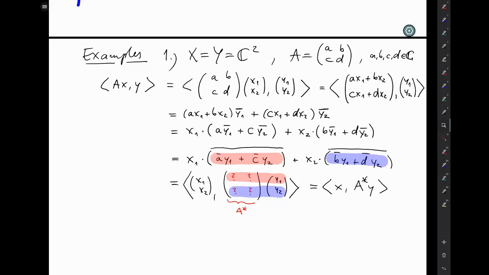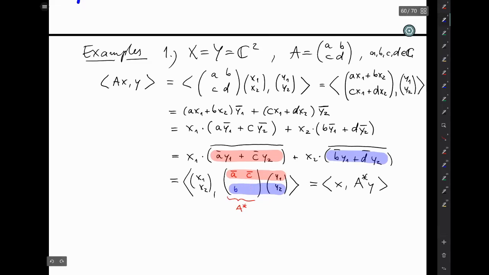Okay, but this is clearly telling us by what we have to replace these question marks. So in this first row of our unknown matrix, we have to put A complex conjugate and C complex conjugate so that they meet y1 and y2 when multiplying. And in the second row, we have to put B bar and D bar so that B bar meets y1 and D bar meets y2 when multiplying.